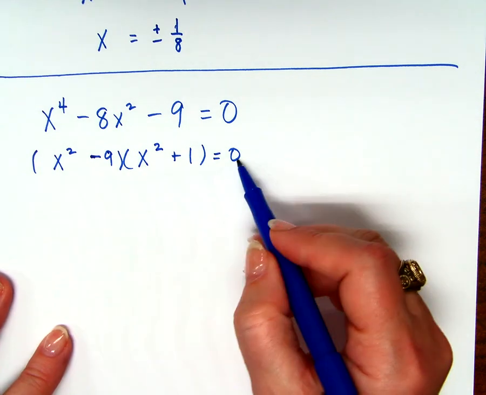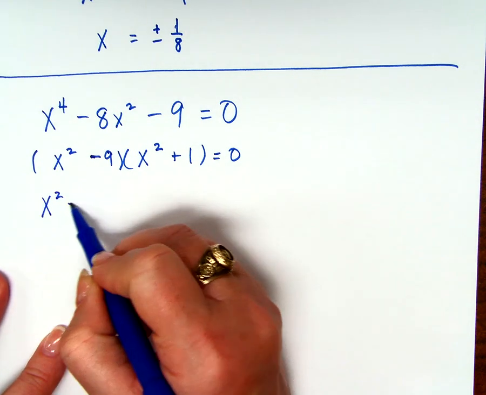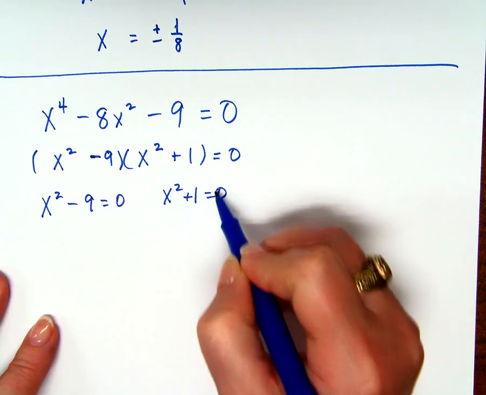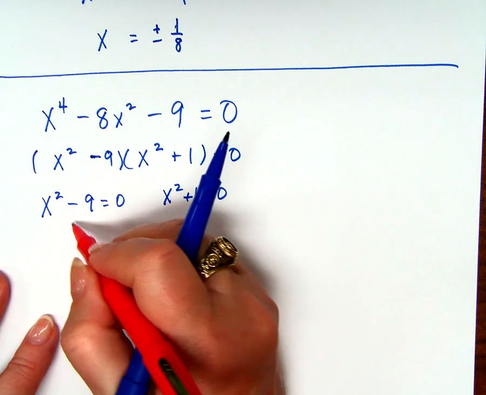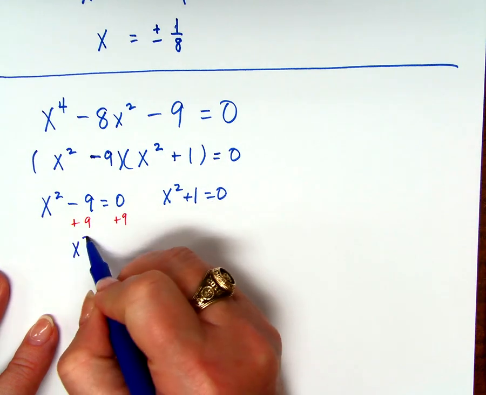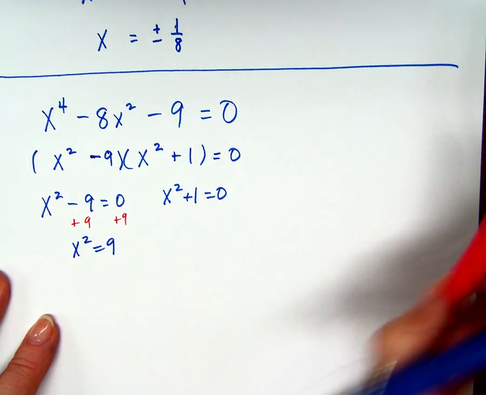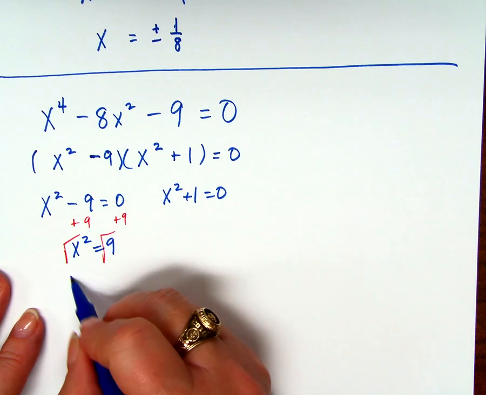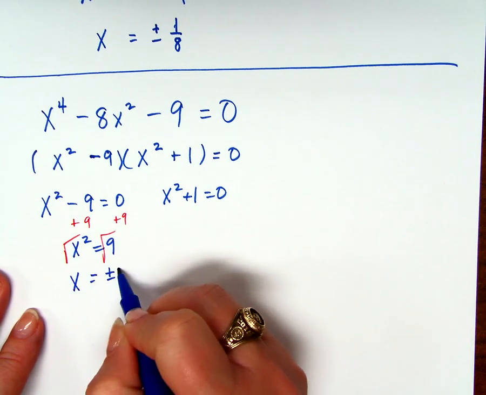And then I would set each of them equal to 0 and get x squared minus 9 equals 0 and x squared plus 1 equals 0, where I would add 9 to both sides to get x squared equals 9. To undo my squared, I would square root and get x equals plus or minus 3.